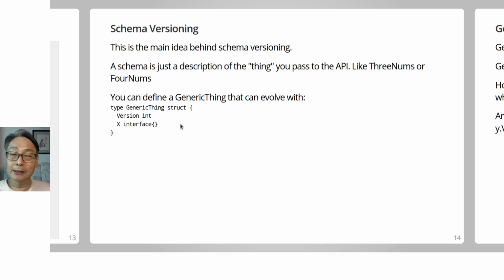It's just another Go type. It consists of 2 public fields. Public fields start with a capital letter: Version, which is an integer, version 1, 2, 3, 4, and X, where X can be any one thing, the empty interface.